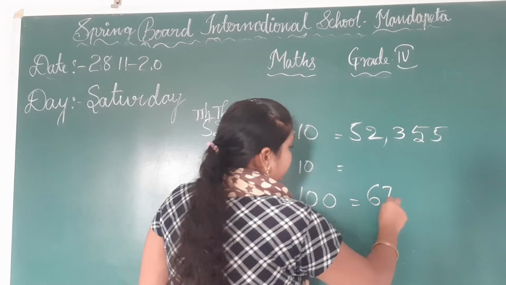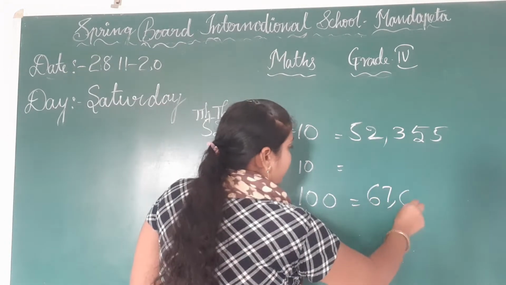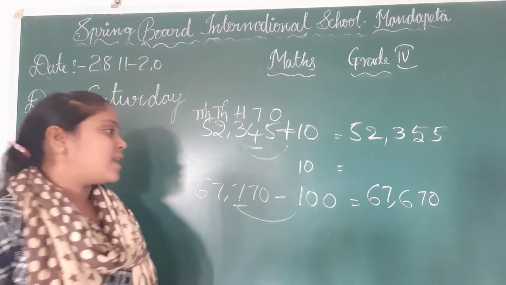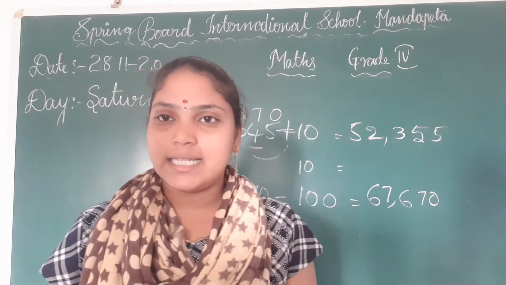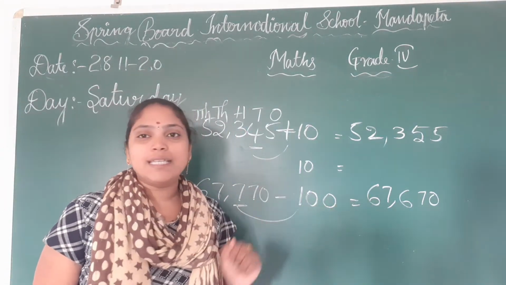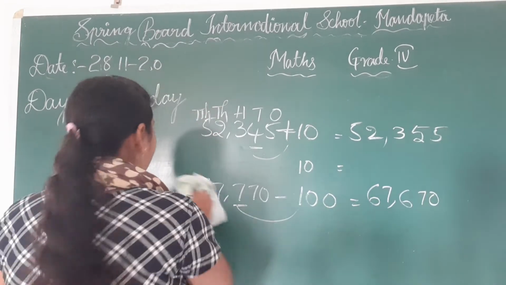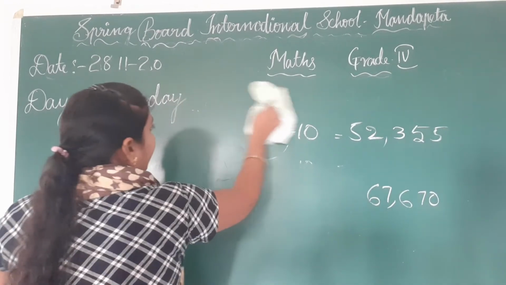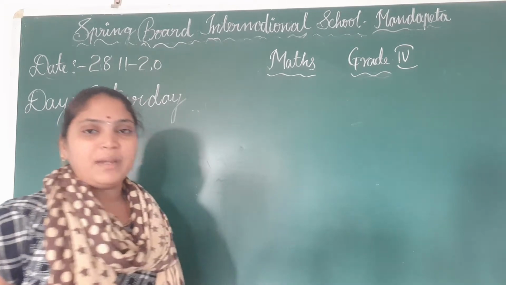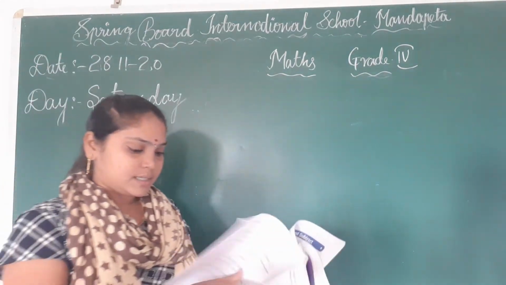Write the remaining digits, 67,000. 7 minus 1 is 6 and write the remaining digits. 67,770 minus 100 is equal to 67,670. Okay children, if you are adding you have to add 1 in the place and subtracting means you have to subtract 1 from the respective place.